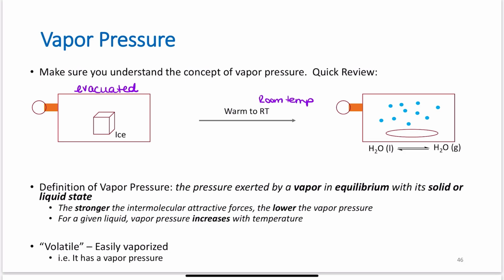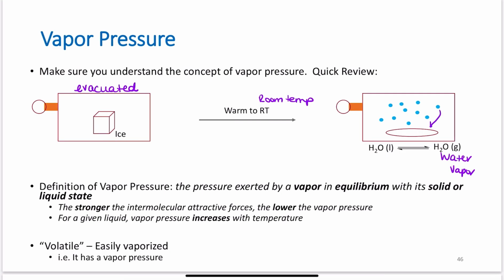It's because water has a vapor pressure. And so what we've created in this chamber is an equilibrium between water in the liquid phase and water in the gas phase. Water in the gas phase we call water vapor. Vapor pressure is the pressure pushing on that liquid from the particles in the vapor phase.